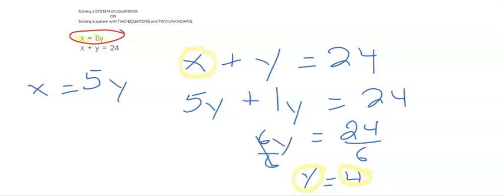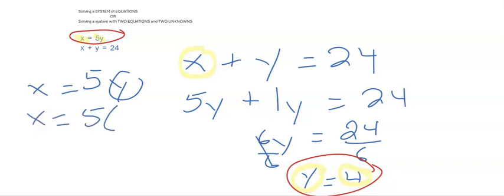But this time, I'm going to replace the y with a 4 because of what we have right here. I'm going to put it in parentheses also. So this will give me x is equal to 5 times, replacing the y with 4. And so x is equal to 5 times 4, which is 20.